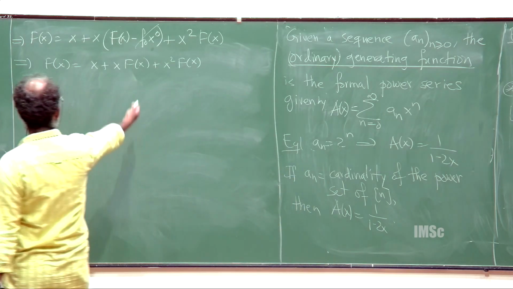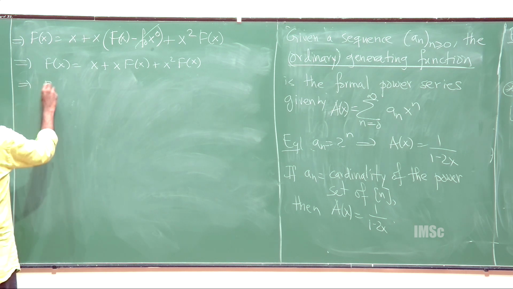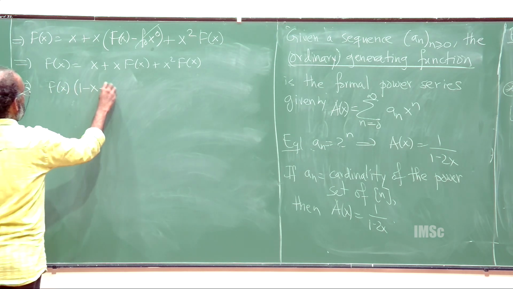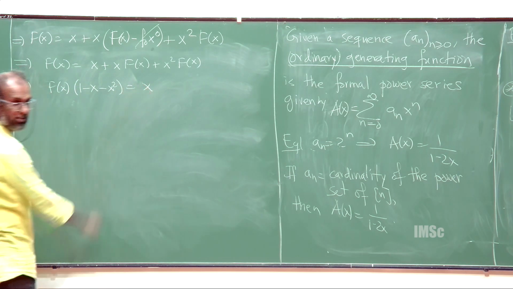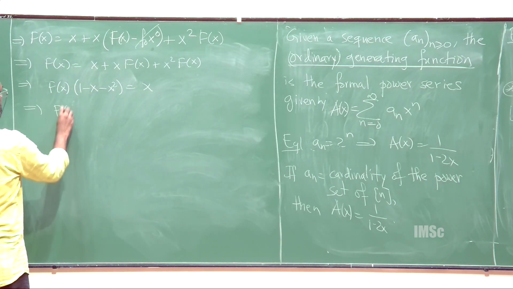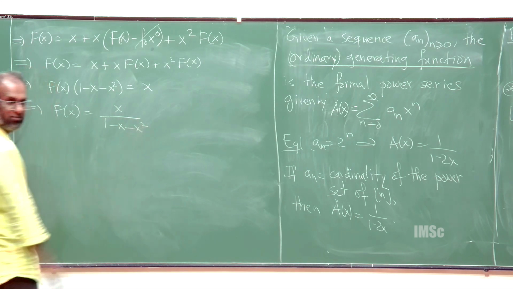Yeah, of course. There are no powers, right? It's linear in f. It's not linear in x, but it's linear in f of x. So if I take f of x common, I have 1 minus x minus x squared here, and that is x. I took those terms to the other side. And so f of x is x by 1 minus x minus x squared.